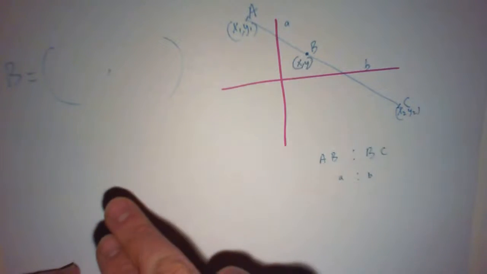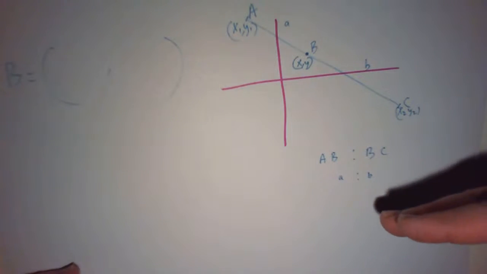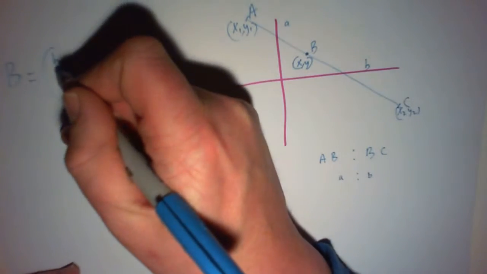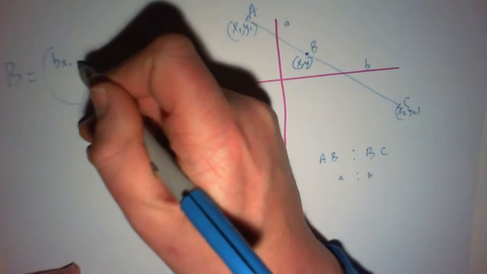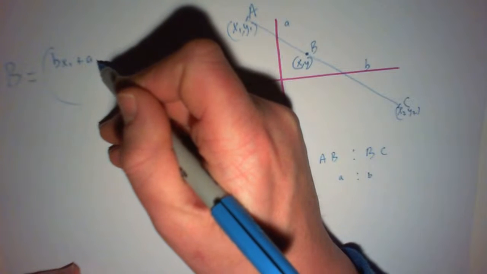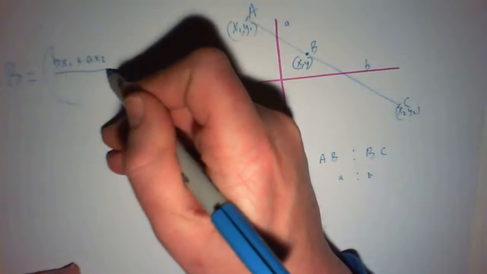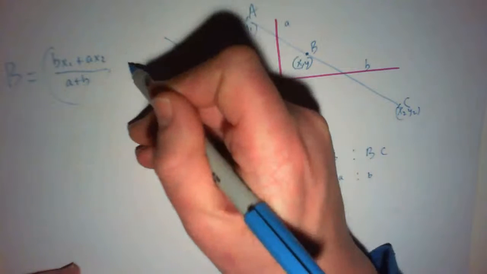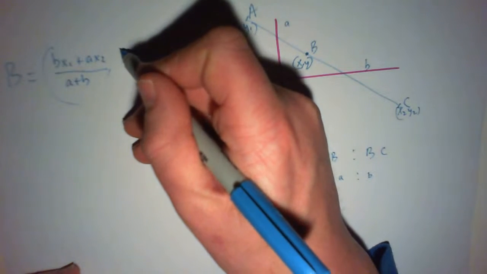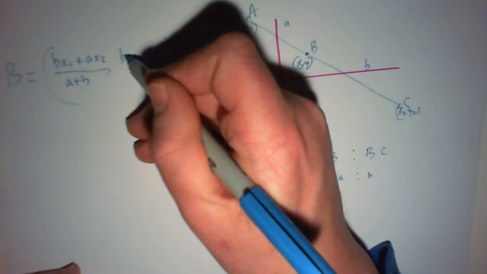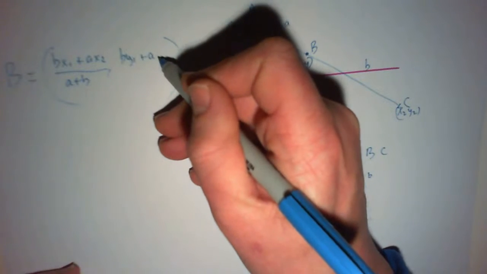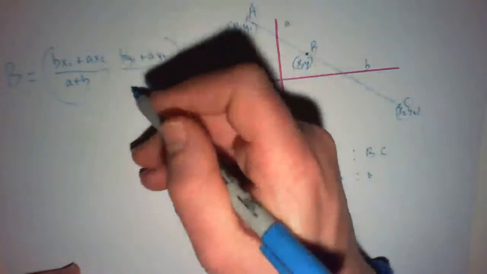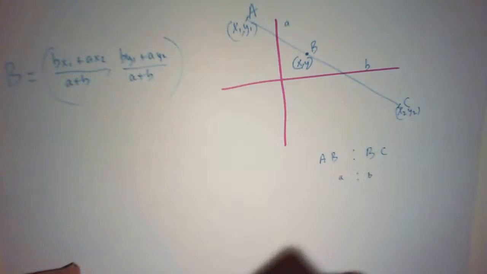And this is how it works. It's going to be whatever ratio part B is multiplied by x1 plus A's ratio times x2, over A plus B, comma, B times y1 plus A times y2 over A plus B.